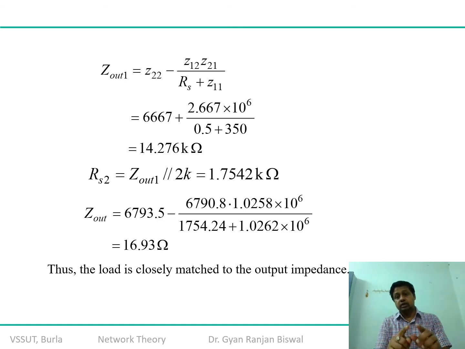Your circuit parameters of stage 2 are designed in such a way that the 2 kilo ohm output of stage 1 is able to transfer to stage 2.